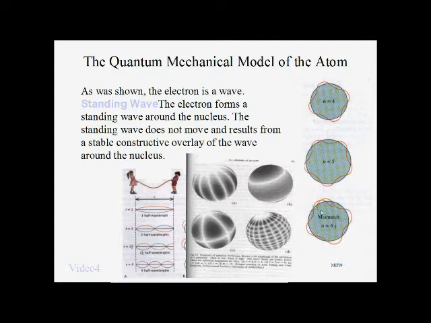If when an electron wave meets itself, the phase is not a good match, there's a mismatch in the phase, then there can be destructive interference, reducing the probability of finding the electron in that location. And in some locations, the destructive interference is so strong that we do not find the electron in that location. We call that a node where we do not find the electron.